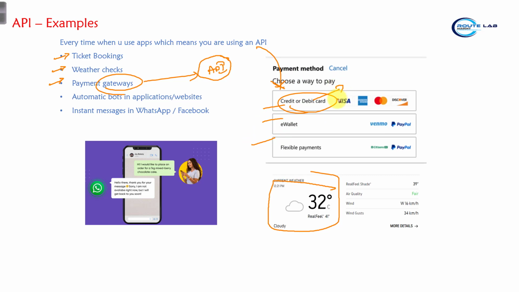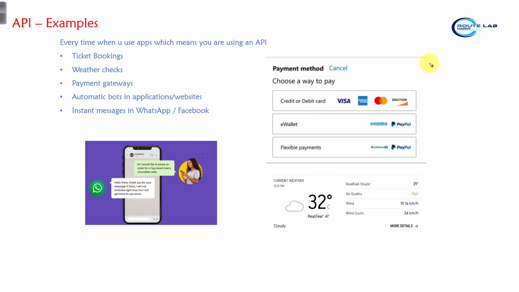Once you click on this, it is going to ask which bank you want to select. Once you select the bank, it is going to ask you to enter the details of your card, and then you will proceed further to make the payment. Or take an example of Twitter bots or WhatsApp Messenger bots, where it automatically sends the responses or messages, and the API is involved over there.